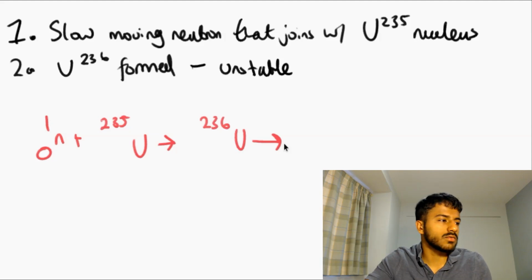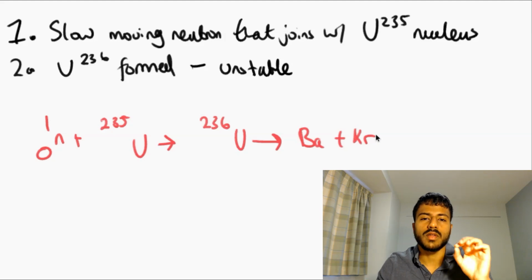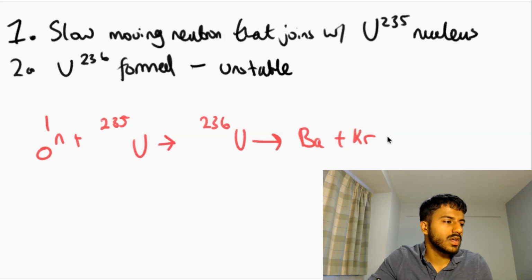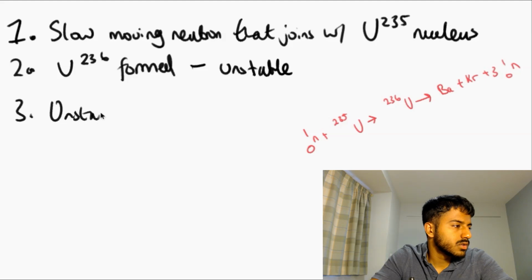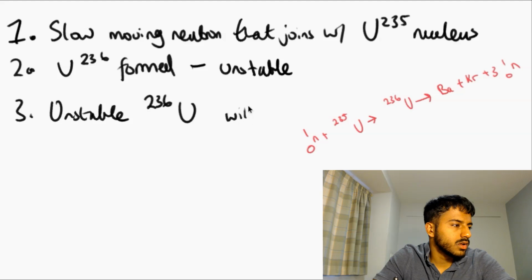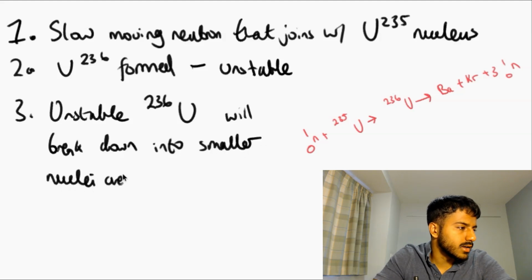And usually it will try and form a barium nucleus and a krypton nucleus, but it may also form other elements. But the key thing that it also forms is 3 more neutrons. As we can see, this unstable uranium 236 will break down into smaller nuclei and extra neutrons.